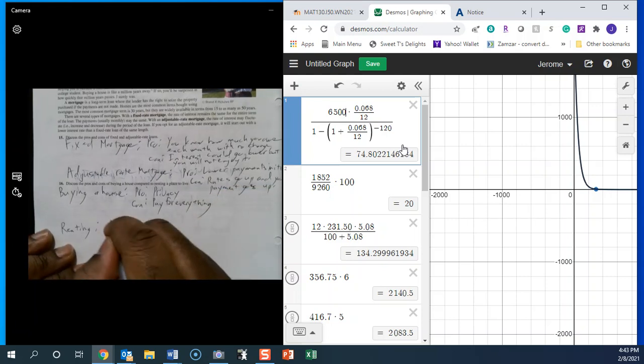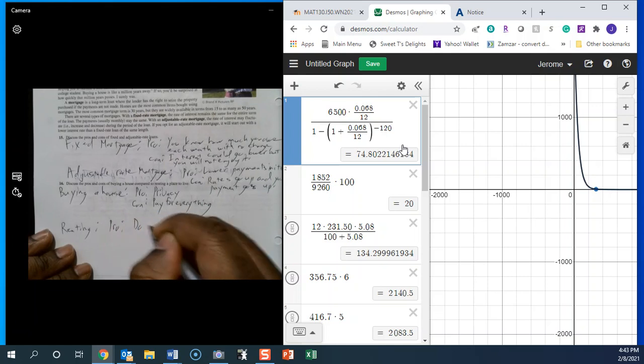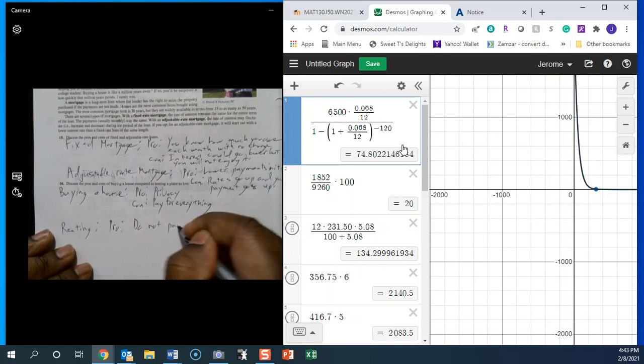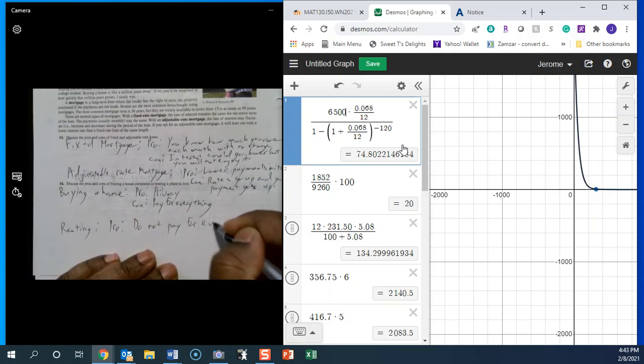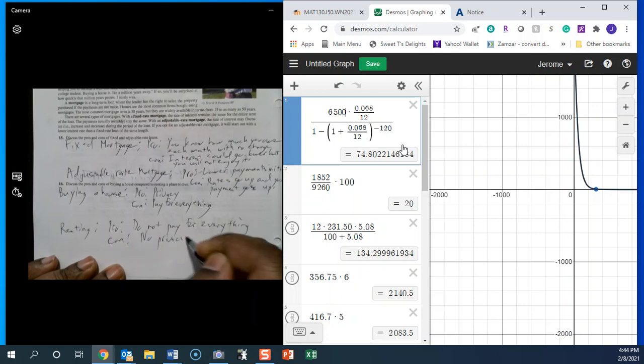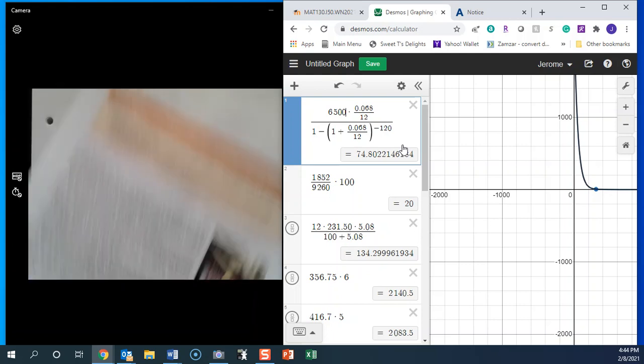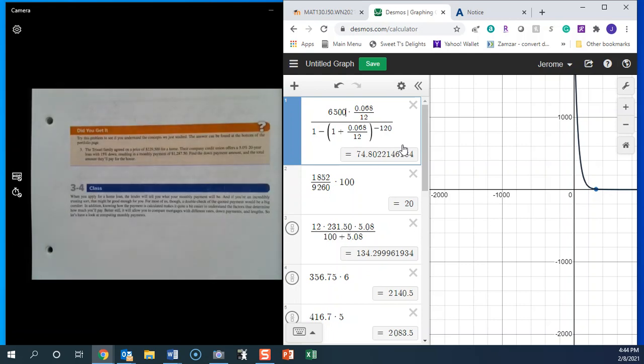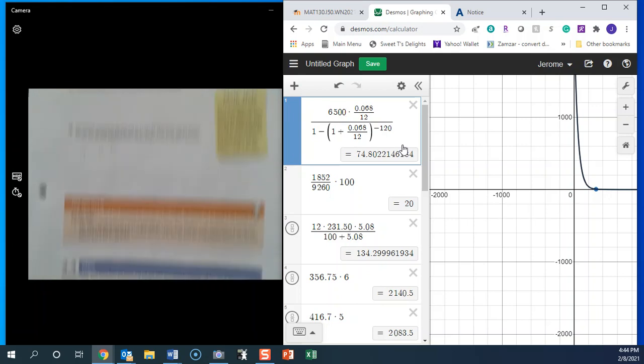Renting, pro, do not pay for everything. The con, no privacy. So those were somewhat of opinion questions. So, I mean, there may be some apartments out here where you may get some semblance of privacy.